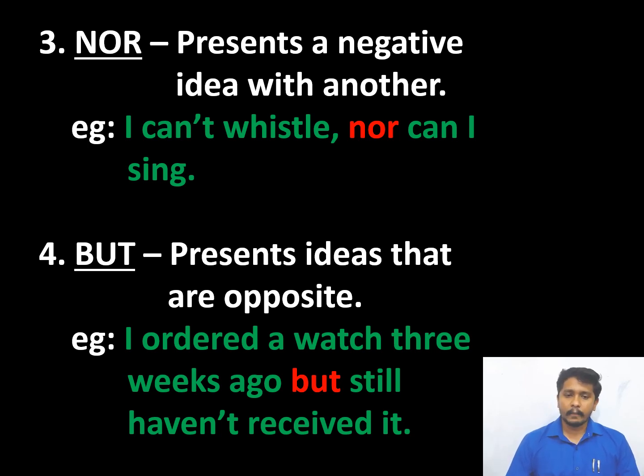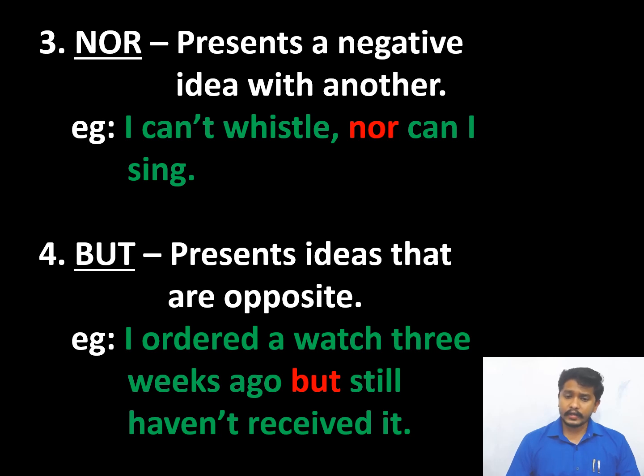Now the fourth one, but. But presents ideas that are opposite. Opposite ideas are presented by the conjunction but. For example, I ordered a watch 3 weeks ago but still haven't received it. What is the conjunction here? Yes, it is but.